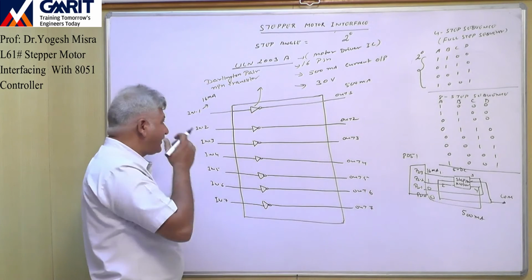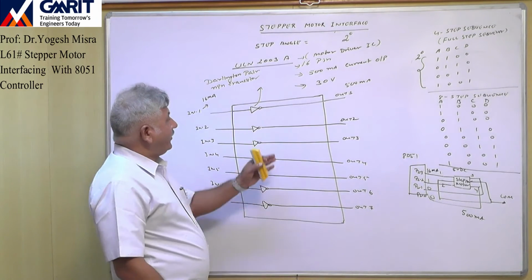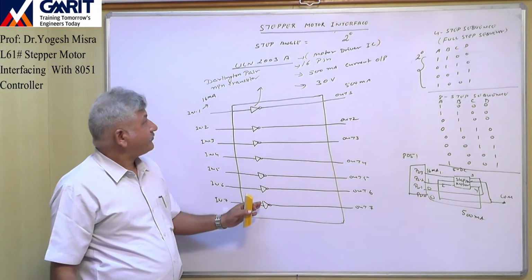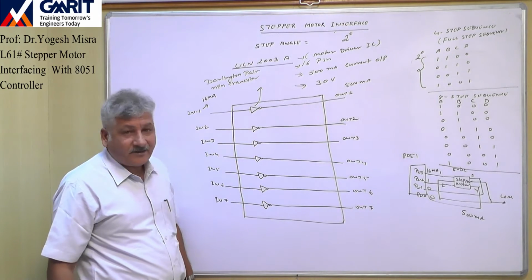So these are the 7 channels. So there are 7 Darlington pair NPN transistors.